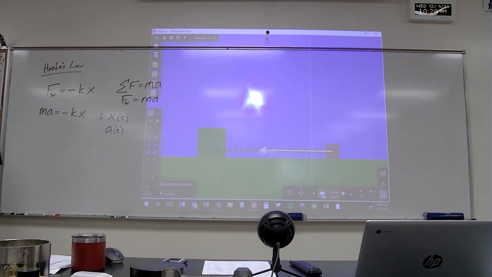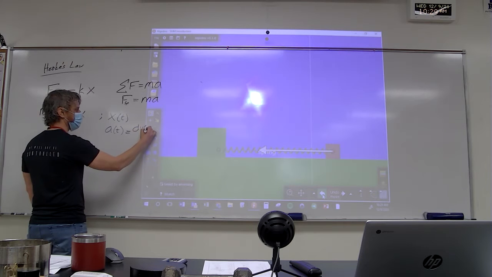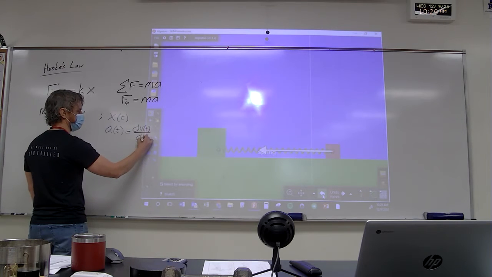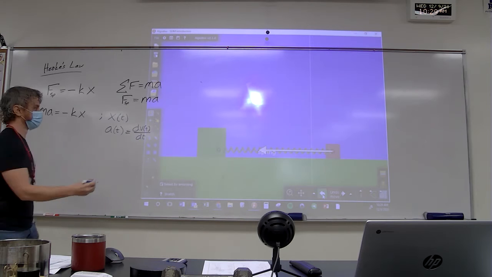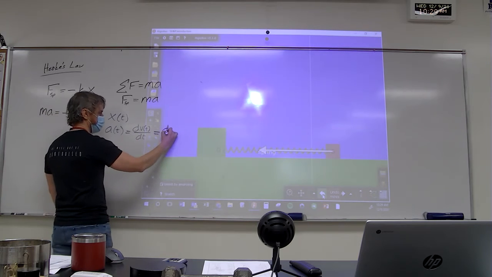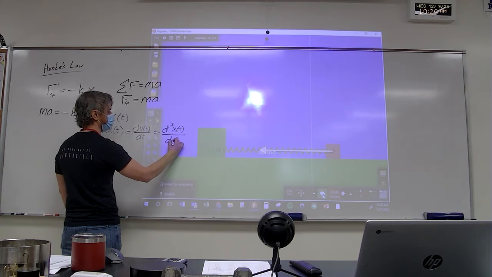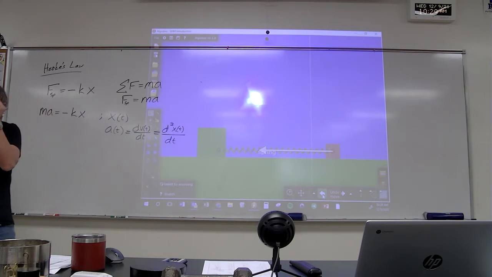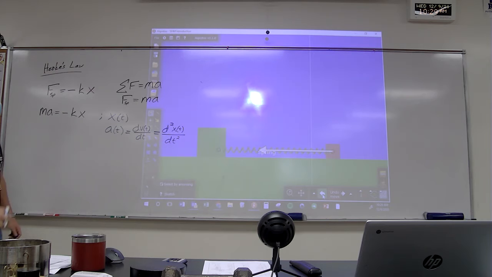The acceleration is also the derivative of the velocity function with respect to time. And it is also, what? The second derivative of the position function with respect to time. You don't have to put the function notation of t in there. Oh, it's there. It's just really tiny.